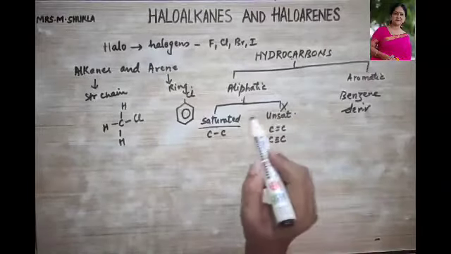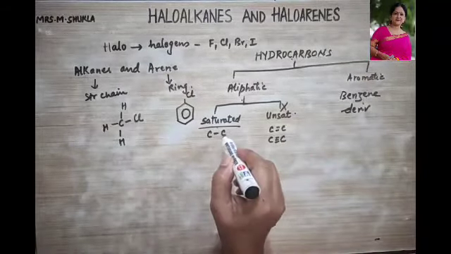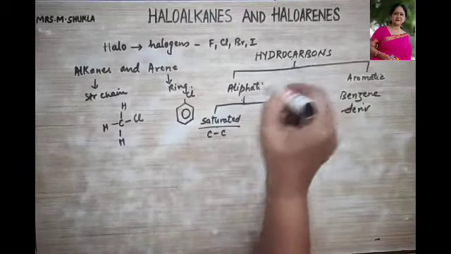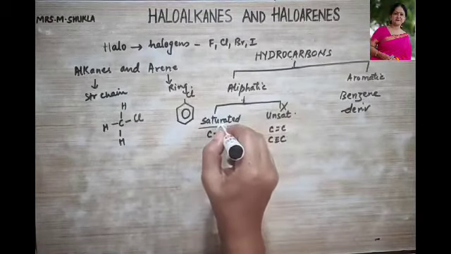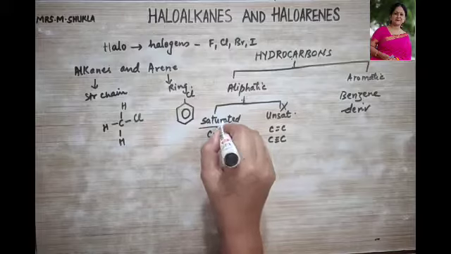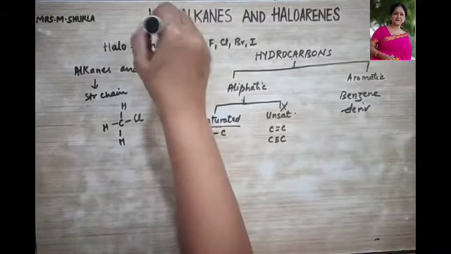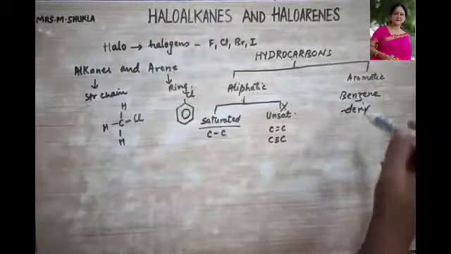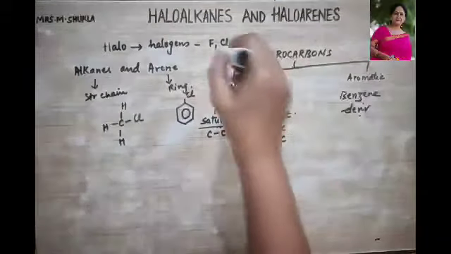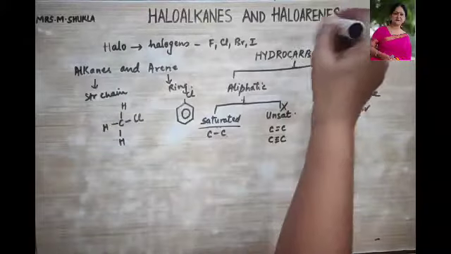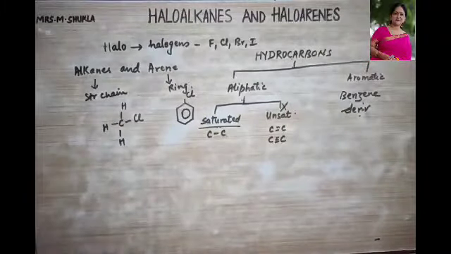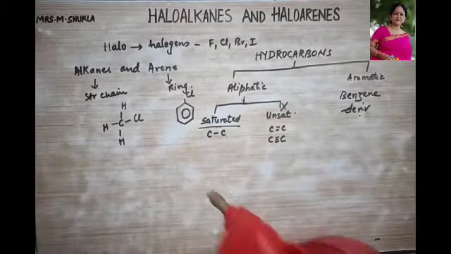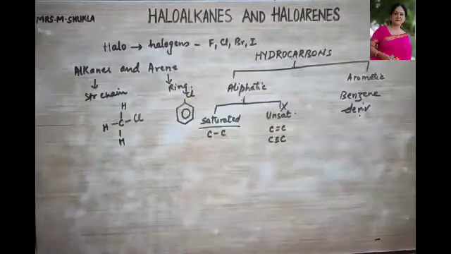So in this chapter we are talking about hydrocarbons which are aliphatic in nature and saturated. When they combine with halogens, they form haloalkanes, and when benzene derivatives combine with halogens, they are called haloarenes.